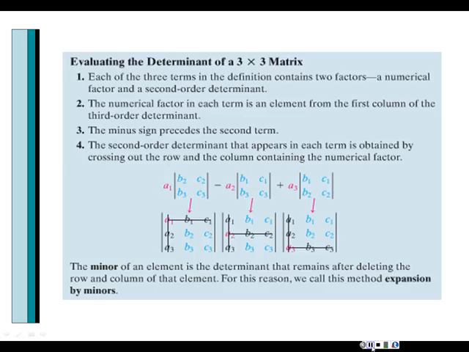When you are trying to find the determinant of a 3 by 3 matrix, you are doing it by 2 by 2 matrices. Similarly, when you are trying to find the determinant of a 4 by 4 matrix, you will be doing it by determinants of 3 by 3 matrices. It will always be true. So if it is a high order matrix, you will always do it in this way.